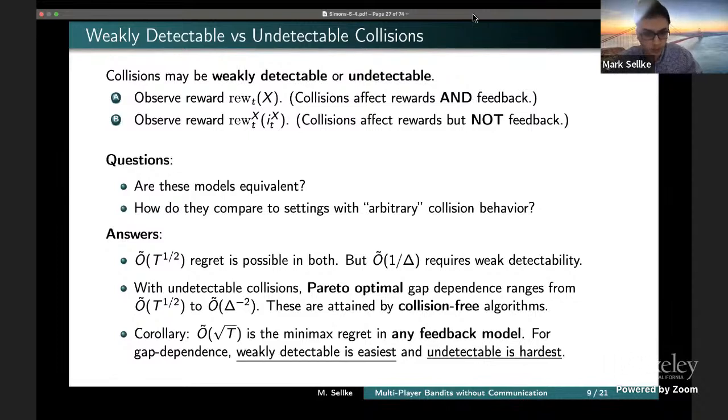On the other hand, the worst case for gap dependence is obtained by collision-free algorithms, and it also is kind of witnessed by the undetectable collision case. Yeah, and the nice thing about collision-free again is that it solves any case of the problem, even if there's an adversary.